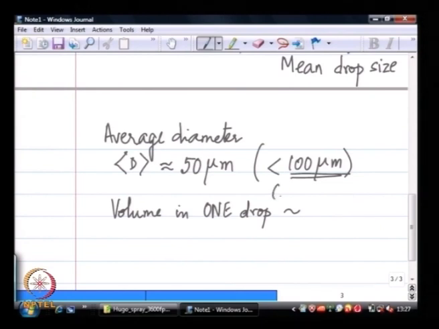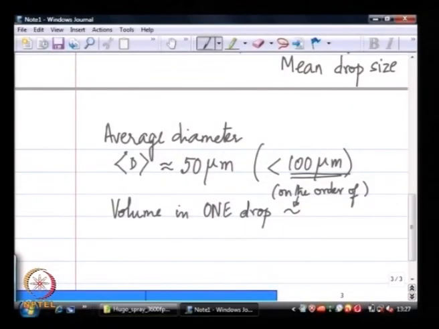So, this symbol here is going to be used to mean on the order of. Essentially what this means is I am not really interested in the specific numbers as much as the power of 10. So, 100 micrometers is 10 power 2 micrometers or 10 power minus 4 meters. That is all I am interested in for now.